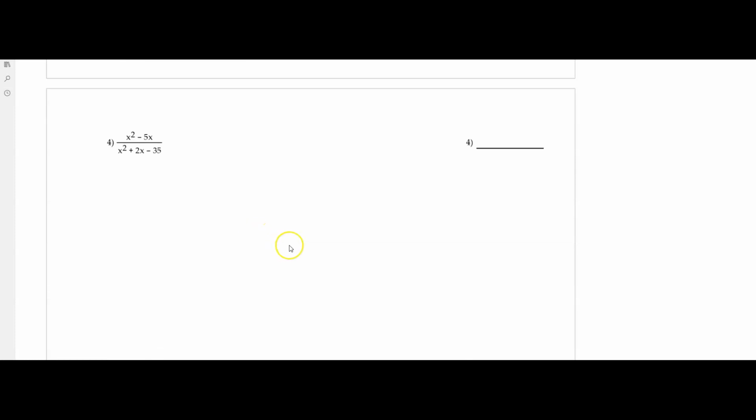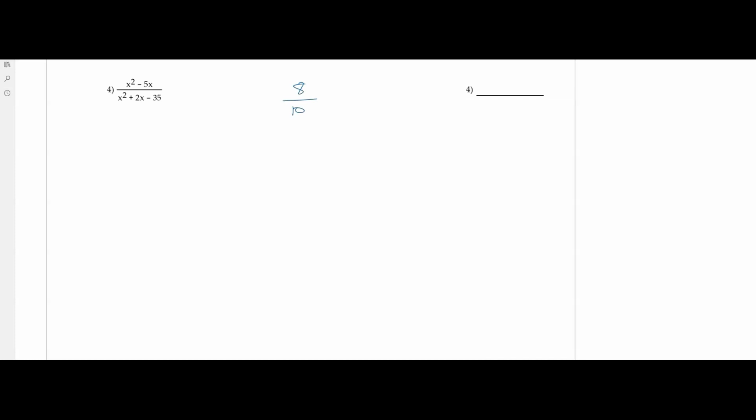All right, so now let's get into simplifying a rational expression, and we're going to do that through factoring. Basically, if I had 8 over 10 and I say simplify this, then I'm really looking at the factors of 8, possibly 4 times 2, and I'll do the same thing with 10.